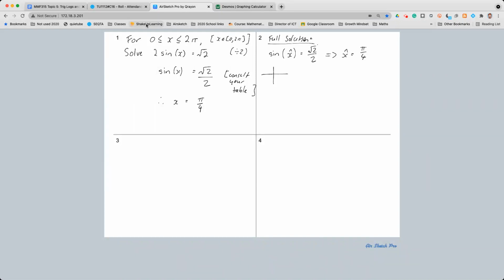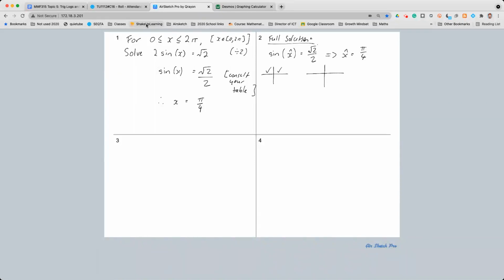So therefore, that would be here and here for sine. So I'm ticking off, I'm visualizing where my angles are going to finish off. Is that okay? Alrighty.